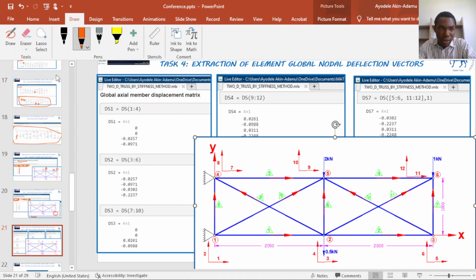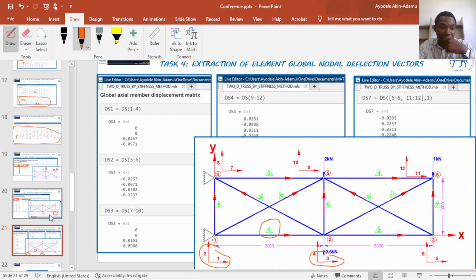Like element 1, it is defined by 1, 2, 3, 4. So I can extract the quantity in my displacement vector, which I just calculated.